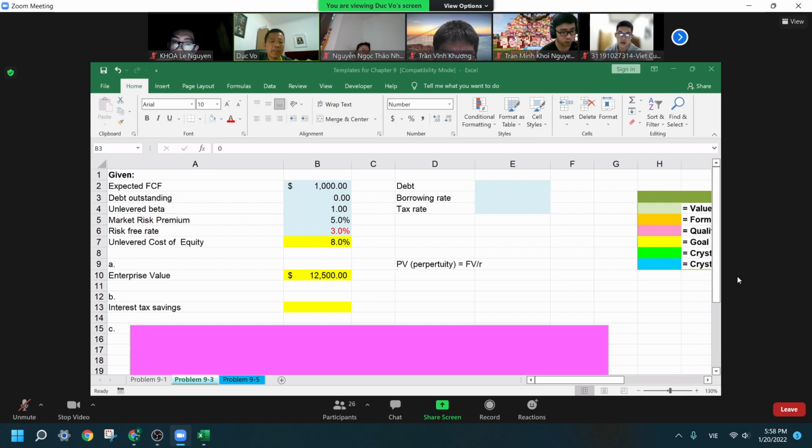So here, they decided to borrow 5,000. The interest rate is 4%, and the tax rate is 20%.